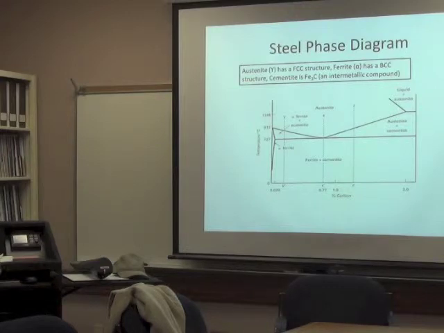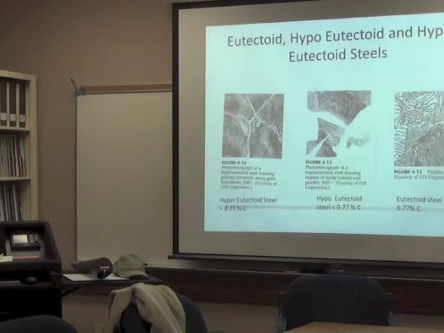Now for the hypoeutectoid steels, they were over here on the 0.77% carbon side, below this side. We'll see the photomicrograph of a hypoeutectoid steel. Now what are you gonna get there?